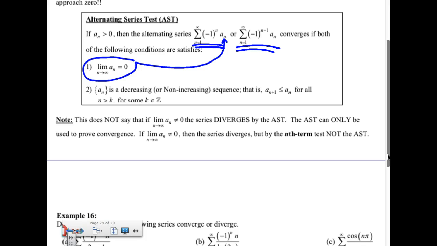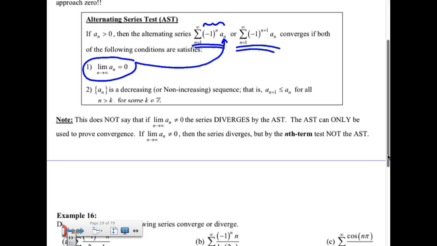Some texts will say take the absolute value of a sub n, if you consider a sub n this entire term. But what we do is we remove that alternator and we look at the series without it. If that series has a limit that goes to 0, then the series with the alternator will converge.